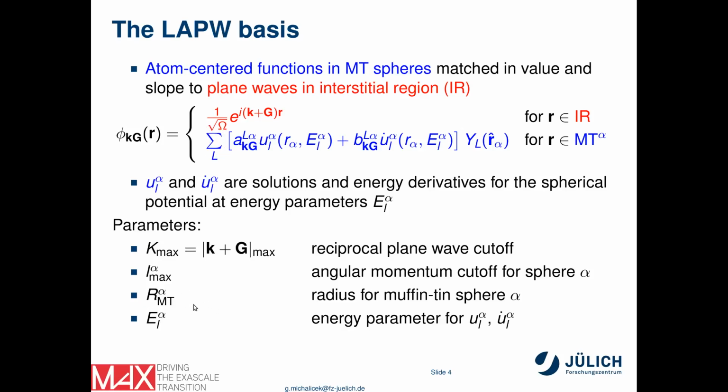Of course, these muffin-tin spheres can have different sizes, and for this we also define a muffin-tin radius, R muffin-tin alpha. This muffin-tin radius is not always the same. It depends on the material and on the chemical bonding and so on. Finally, there are also these energy parameters.